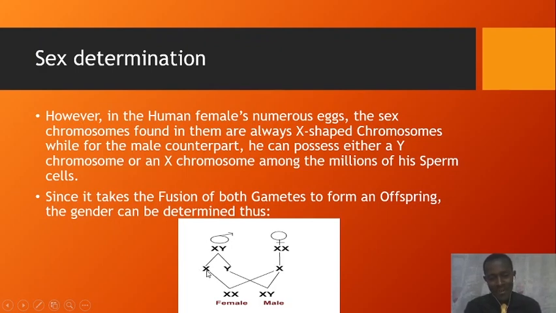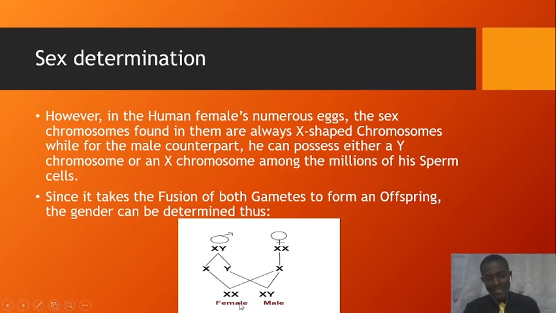The X from the man can combine with the X from the woman to form a female offspring. So, when you have a zygote that has two sex chromosomes with XX shapes, you're going to get a female child.